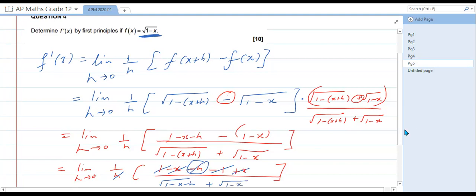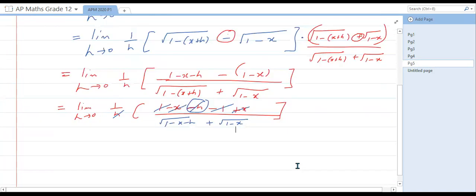Now, we are almost close to the answer. We don't need to say limit h approaches 0 because we can substitute 0 in directly. So my solution is, let me just write down what we have so far. The limit as h approaches 0 of minus 1 over the square root of 1 minus x minus h plus the square root of 1 minus x.